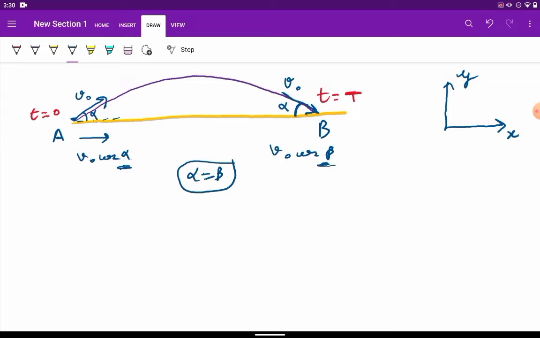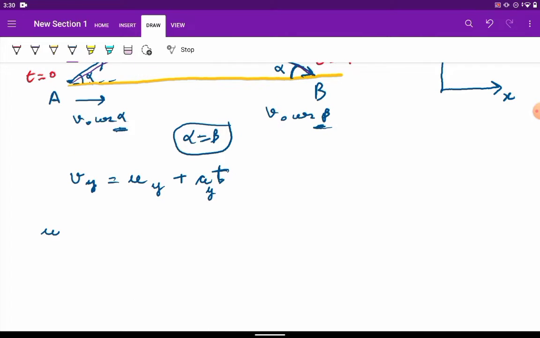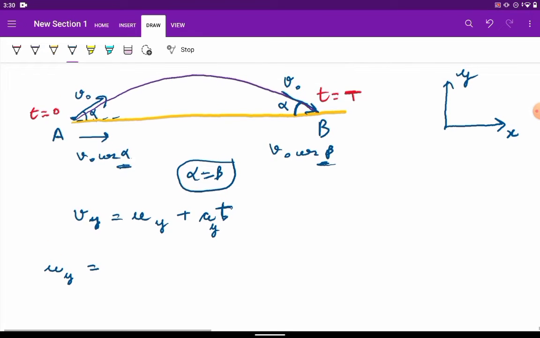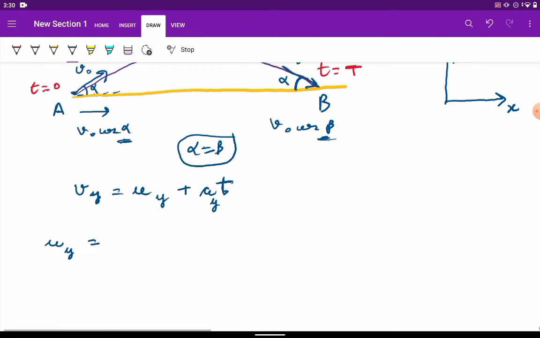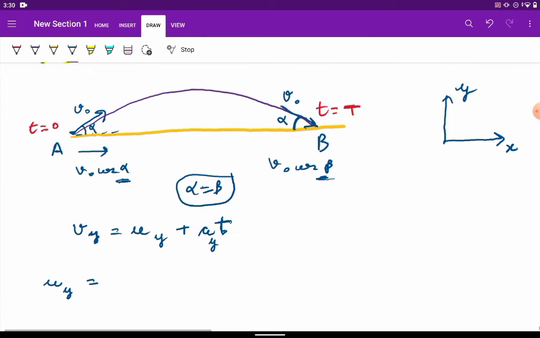In the y direction, vy equals the equation of motion, u y plus a y t. Now u y is equal to what? v naught sine alpha, in the positive direction. Let's write it here: u y is v naught sine alpha.